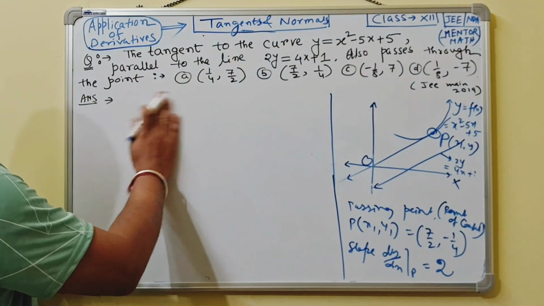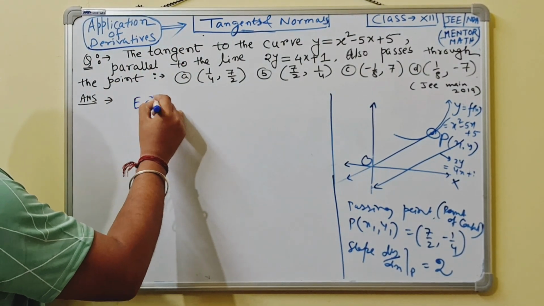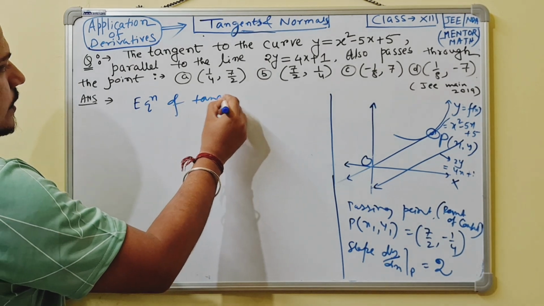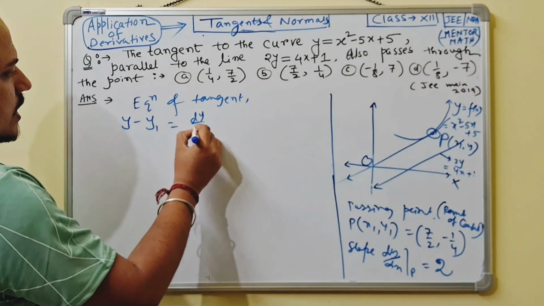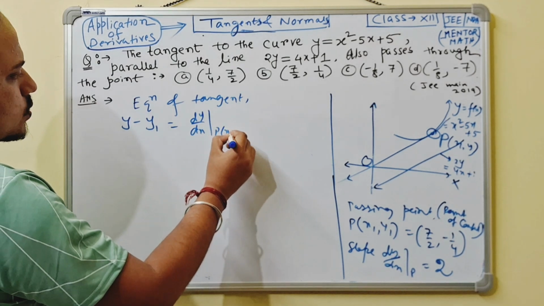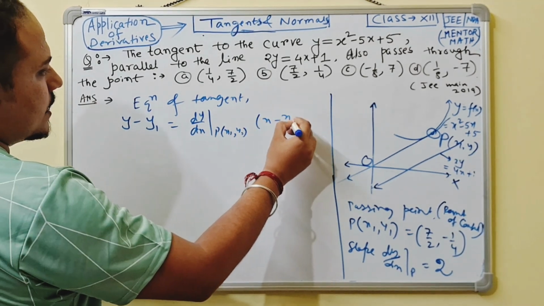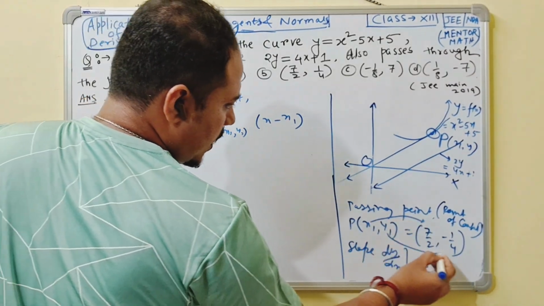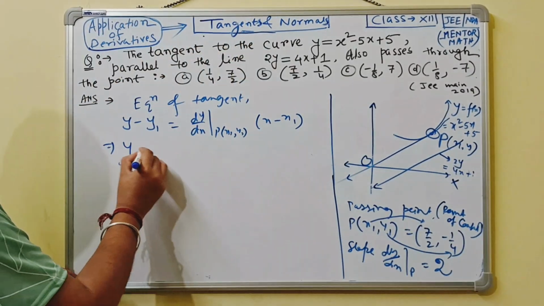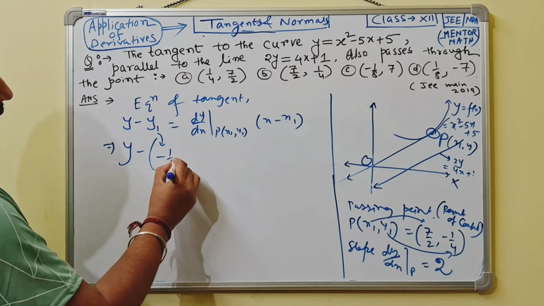Now comes to the equation of tangent. You have to find equation of tangent line, that is y minus y1 is equal to dy dx at the point P x1 y1 into x minus x1. So here x1 value is your 7 by 2, y1 is your minus 1 by 4. So y1 replaced by minus 1 by 4.